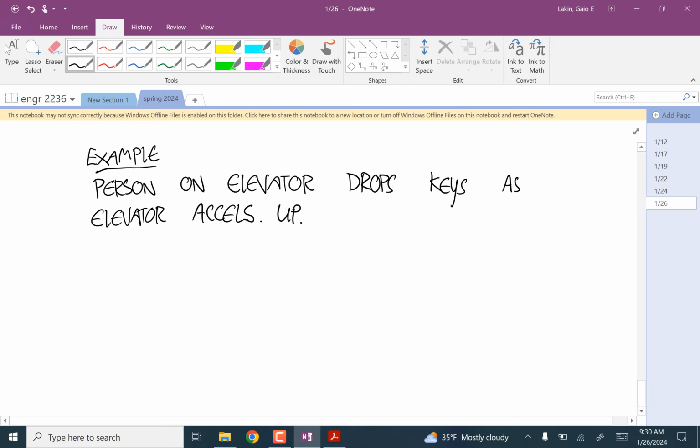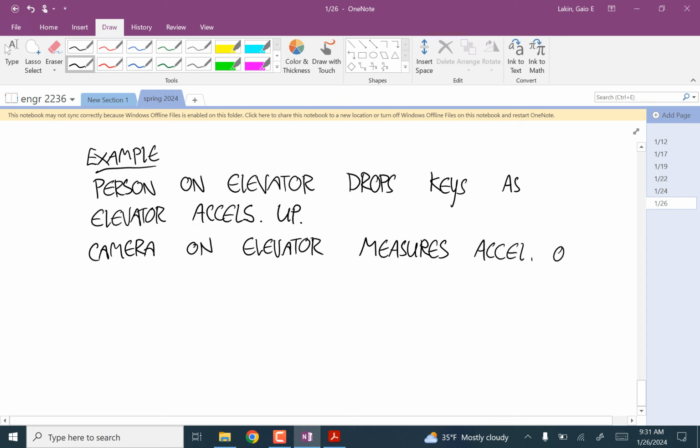Okay, a camera on the elevator measures the acceleration of the keys as 11.5 meters per second squared down.